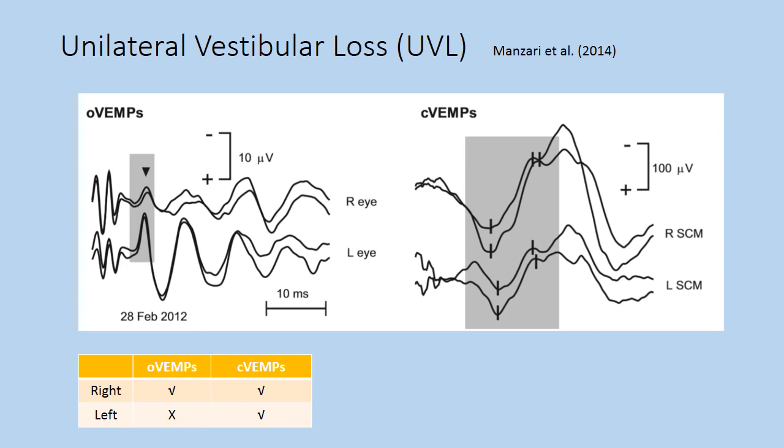The upper graph of OVEMs results, which represents the right eye or stimulus from the left ear, shows smaller amplitude when compared to the OVEMs results beneath the left eye. Whereas in the CVEMs results, both graphs show symmetry in terms of the P1 and N1 inter-amplitude. This case indicates utricular loss on the left side.